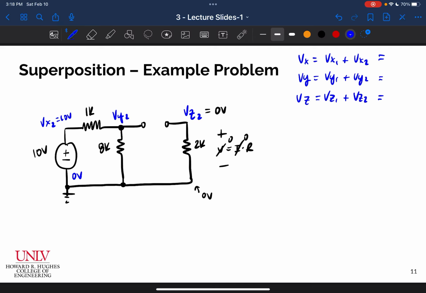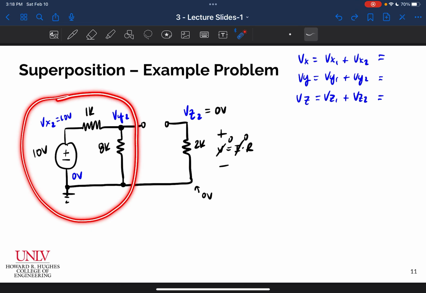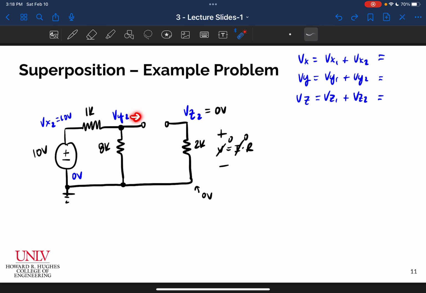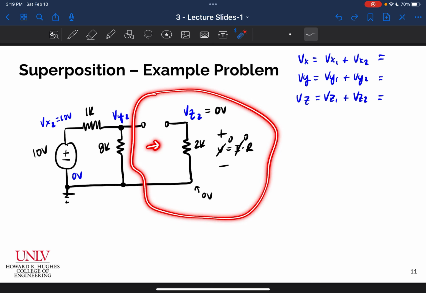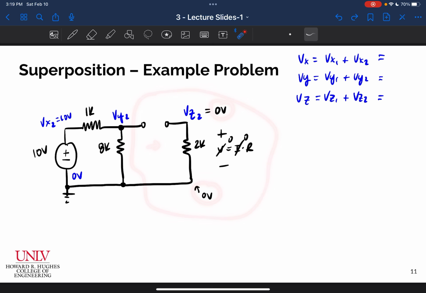No current can flow here, so I can treat this circuit as a singular voltage divider. The rest of the circuit can basically just get thrown out. We have 0 volts here, we got 0 volts here. Might as well just be ground here and we can forget about everything else.